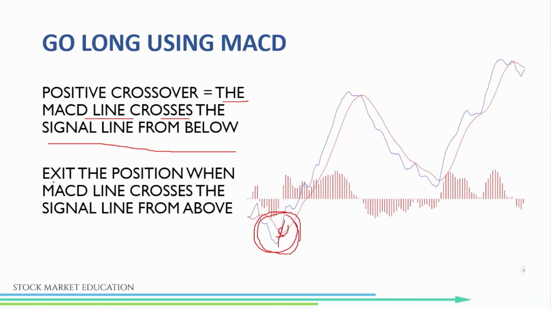And when will we exit? Till how long will we hold this position? We exit the position when MACD line crosses the signal line from above. This is the exit point as per your MACD. Here I have not shown the bars or the chart price action, but we'll see this with price action in an example.